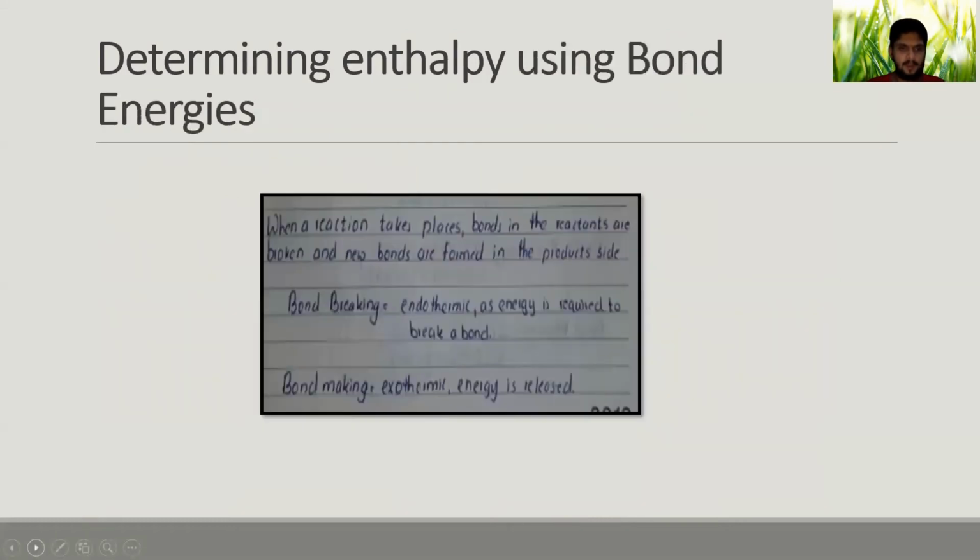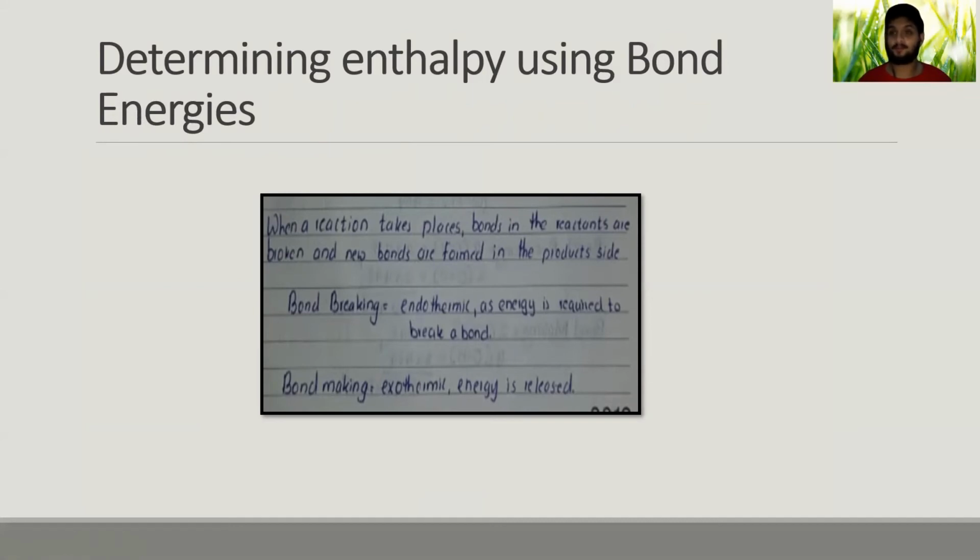Next one is, if you want to determine enthalpy change, say you don't want to fuss too much and go to the laboratory, prepare all those solutions, and be mindful of the temperatures. You just want to take the shortcut. And do we have a shortcut?